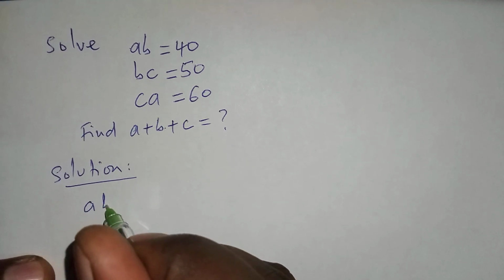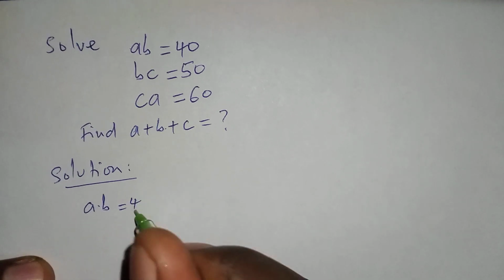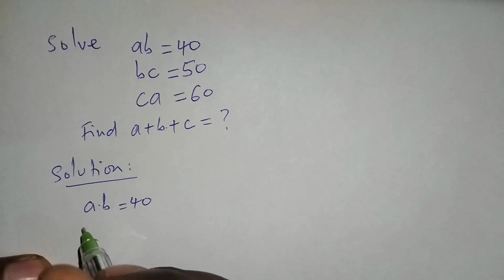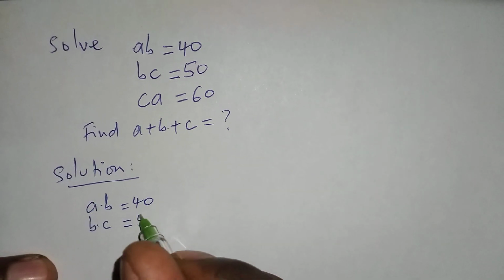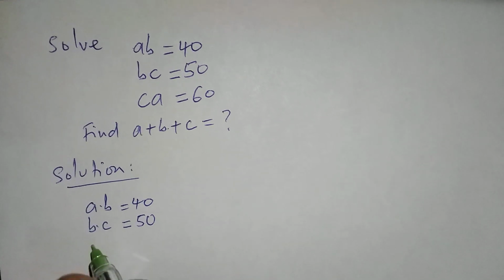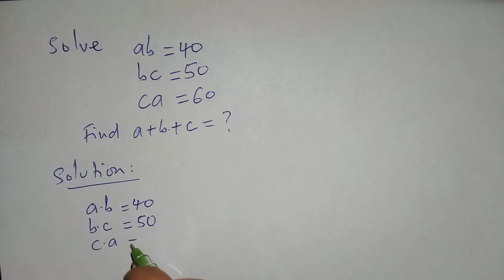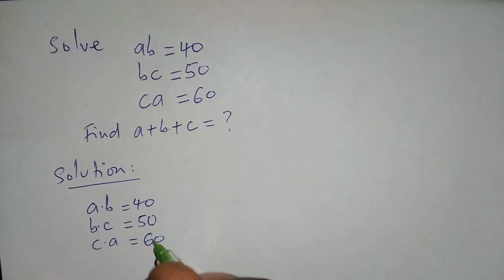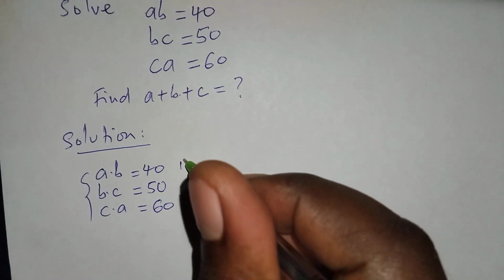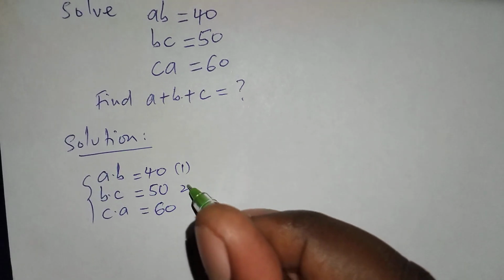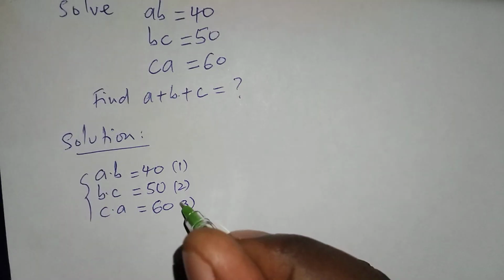A times B equals 40, B times C equals 50, C times A equals 60. Let's assume that these are equation 1, equation 2, and equation 3.